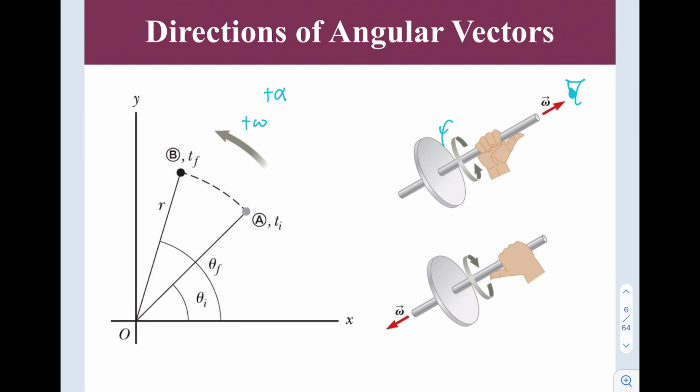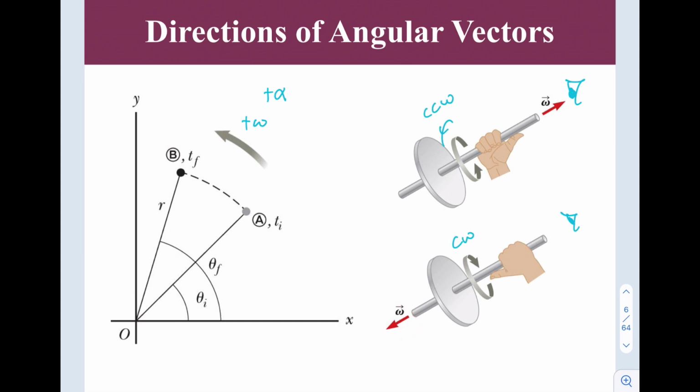How about if the rotation is opposite? This is counterclockwise, and here we have clockwise direction if we see from this point of view. So from this point of view, this is clockwise direction. Put your 4 fingers along the axis of rotation, the rod, grab it.